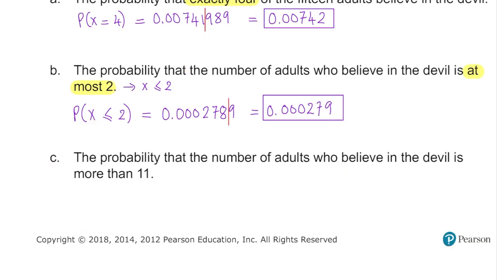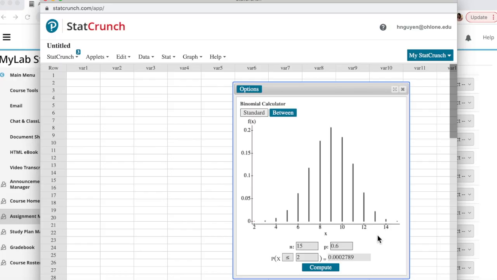Question C. Find the probability that the number of adults who believe in the devil is more than 11. More than 11 means x is greater than 11. So I'm looking for the probability of x greater than 11. Again, we are still using StatCrunch. For question C, n is still 15, p is still 0.6.